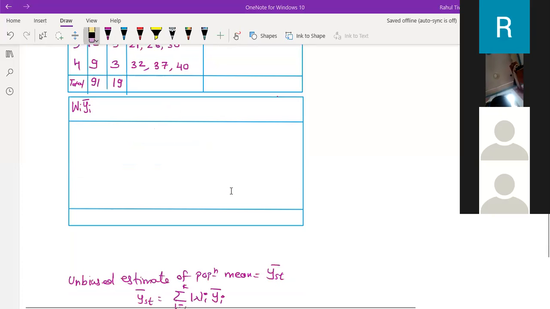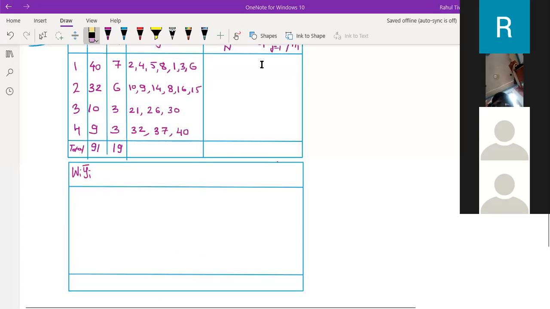Yes, so can anyone tell me what could be the total of y bar i? Has anyone calculated?